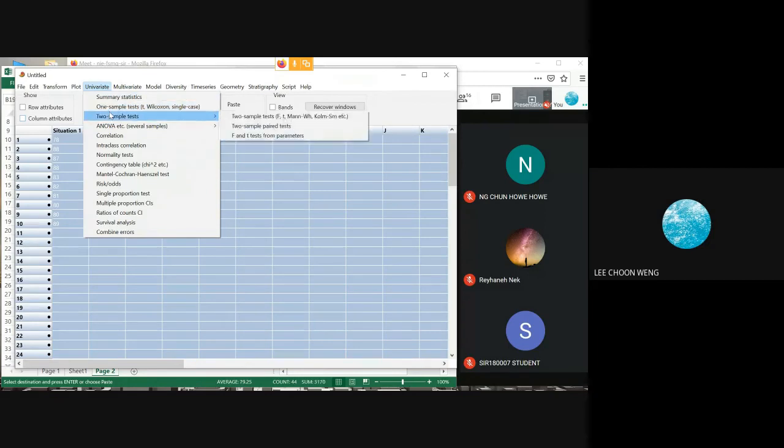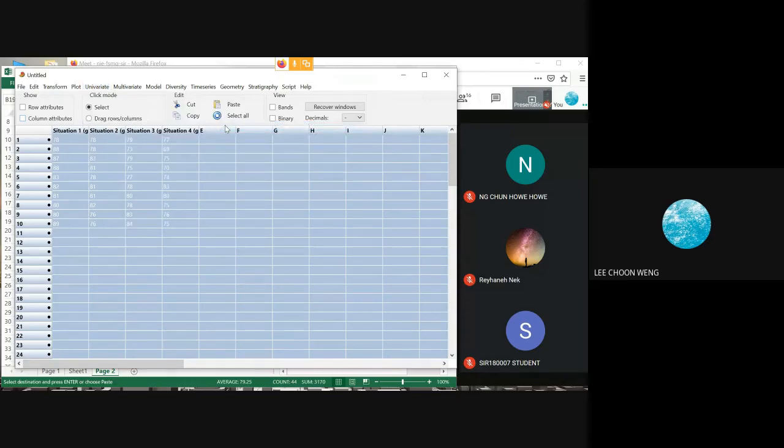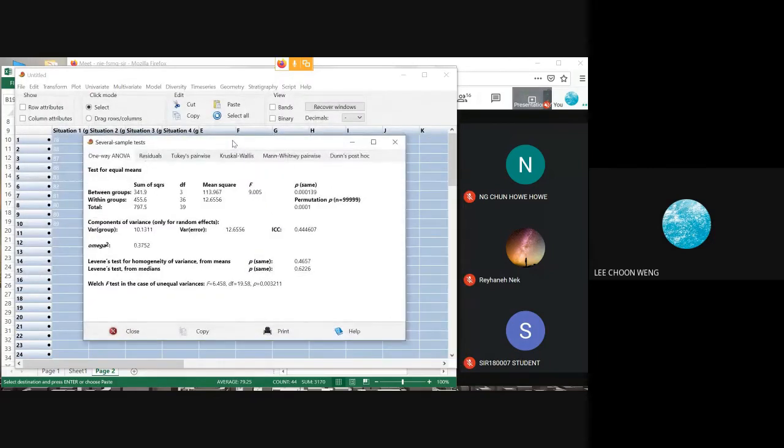So now I'm doing ANOVA, several samples. Okay, so the probability that they are the same is less than 0.05. That means among the 4 groups there are differences.